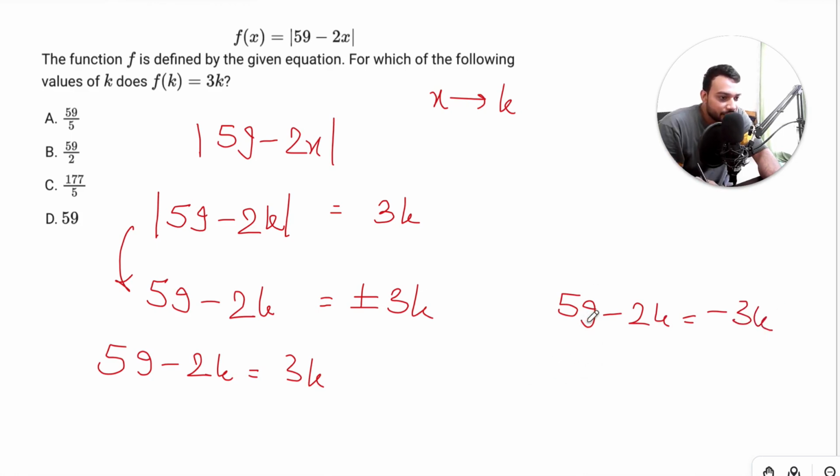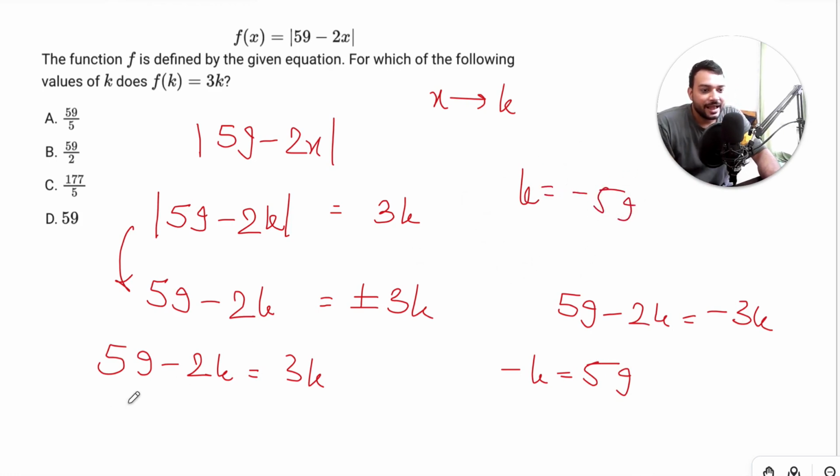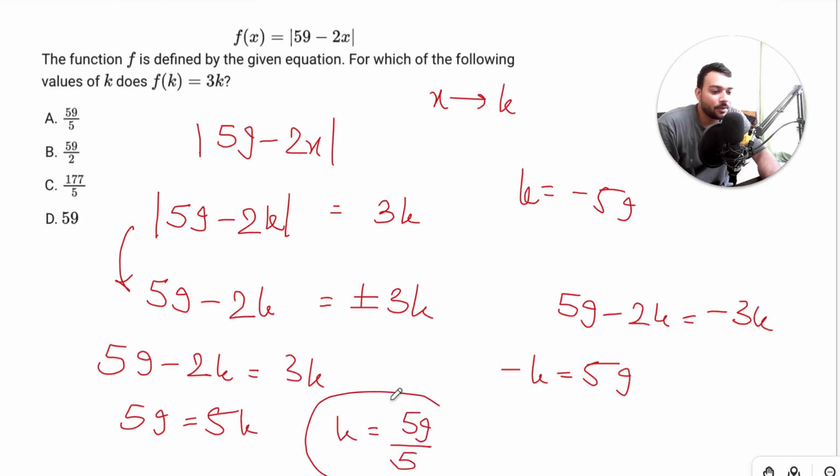So from the second equation, we get negative 3k plus 2k, so negative k is equal to 59, or k is equal to negative 59. This is one of the values of k. And the other value is 59 is equal to 5k, so k is equal to 59 over 5. Option A, that's the correct one.